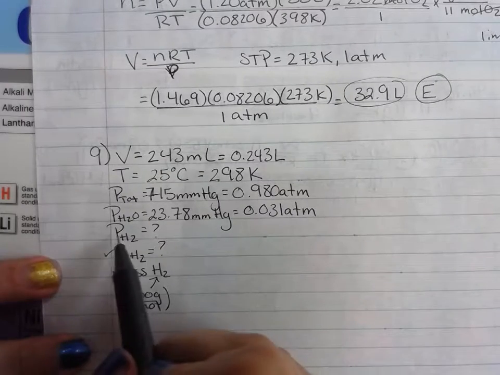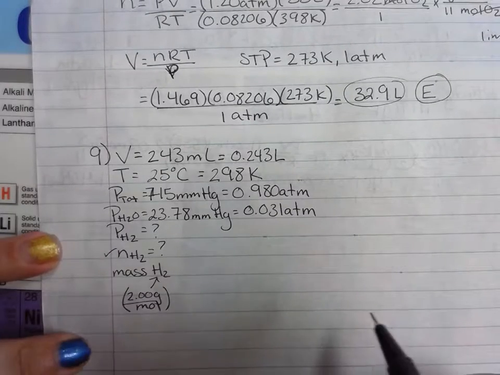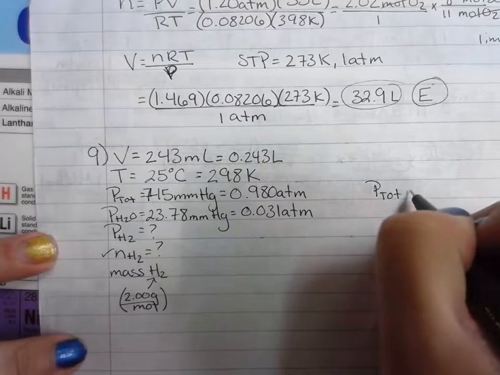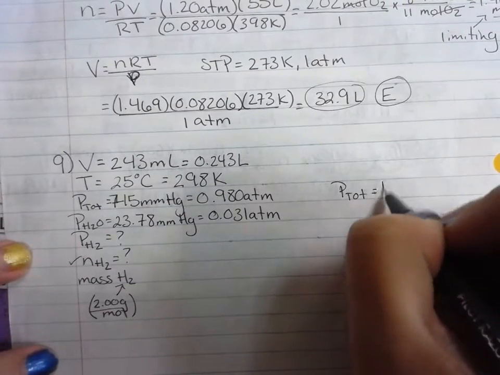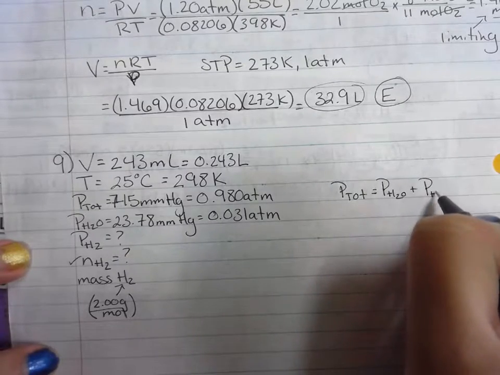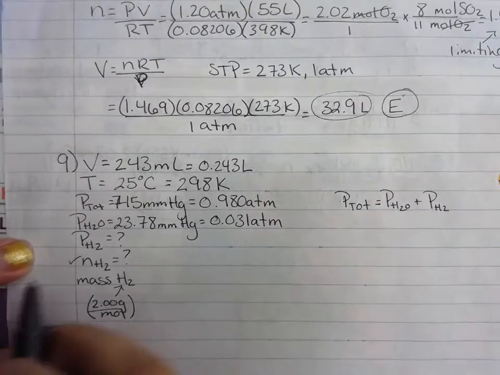Okay, so first thing we can do is solve for the partial pressure of H2. We know that P total is equal to the partial pressure of water plus the partial pressure of hydrogen gas. Those are the only two things we're dealing with.